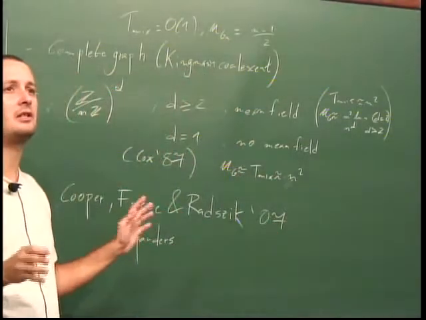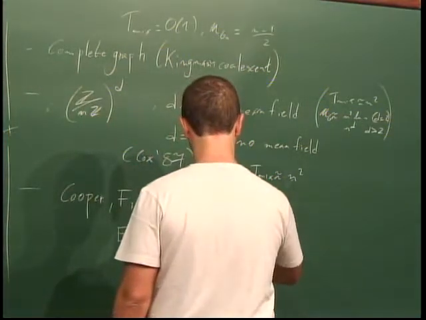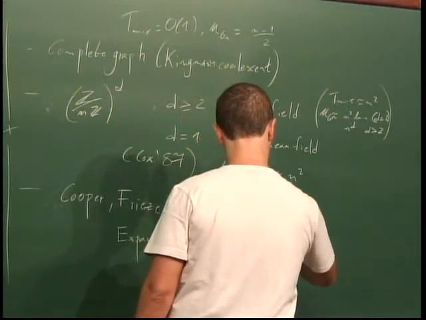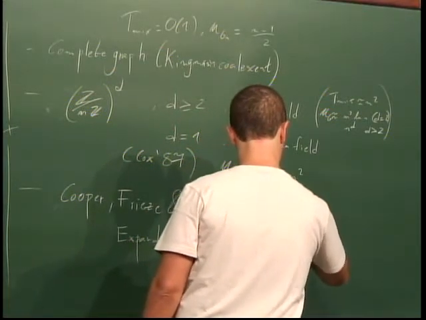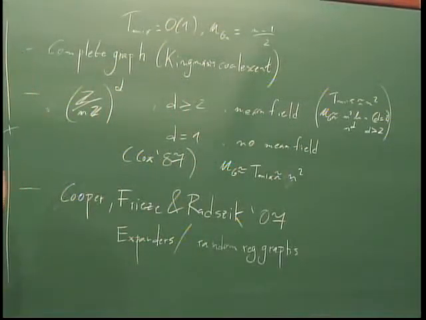I mean, not just an expander, you need an expander with extra conditions. So, let me say a random regular graph. Typically, a random regular graph is mean field in this sense.